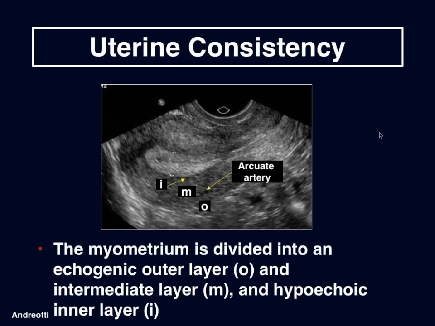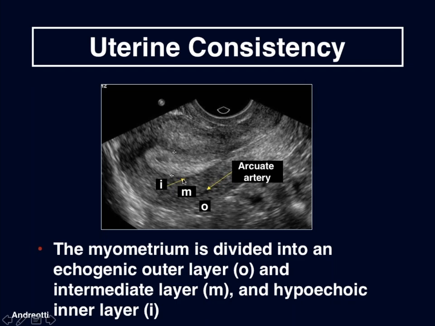So a little more about the myometrium itself. It's divided into an echogenic outer layer, which we can see out here, which is bounded by the arcuate artery medially. Then the intermediate layer, which we see here, M, and then the hypoechoic inner layer, which is just a thin hypoechoic band surrounding the endometrium itself.